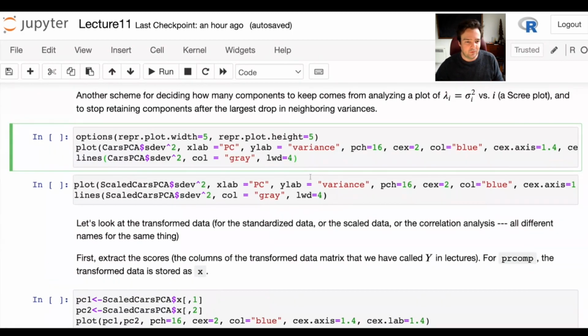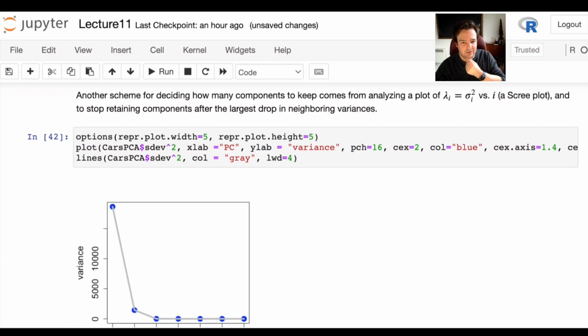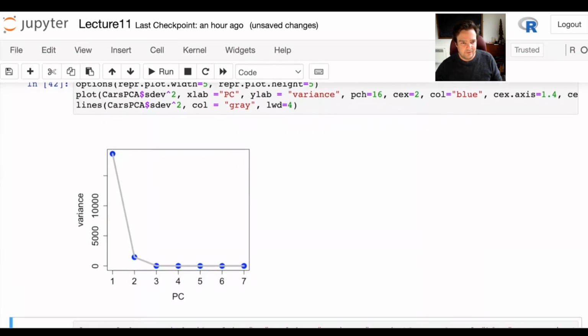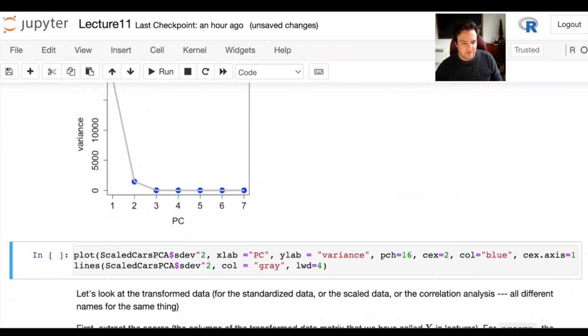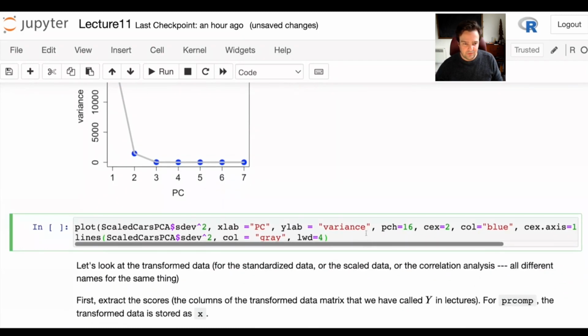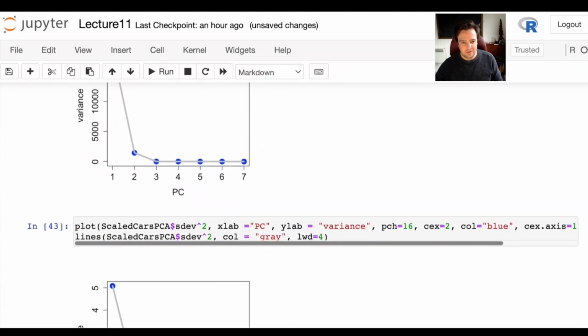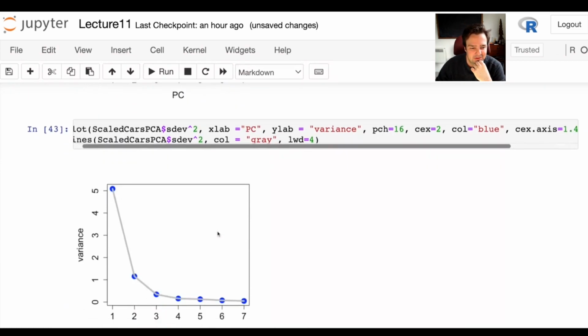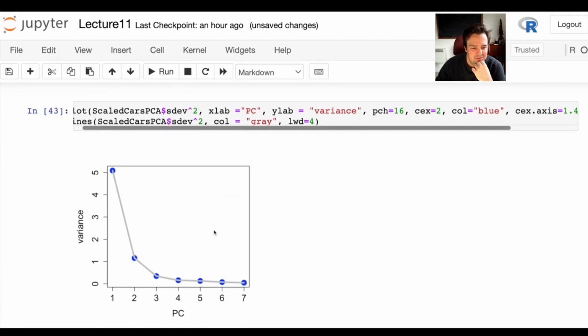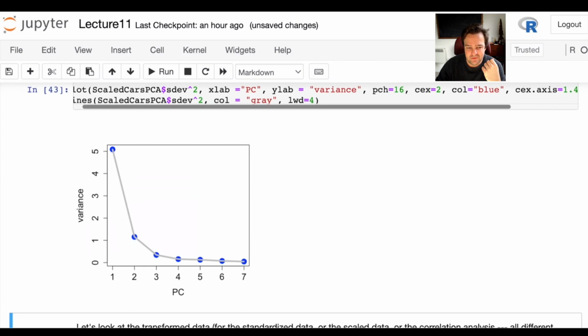So we'll do that again for the 2 different cases. First, I think this is for the non-standardized one. Yes, and it's using car's PCA. The next one is for the scaled data, like this. It does kind of look like a cliff and then debris. Depending on how you decide where the debris is, you might not come to a different conclusion looking at this.